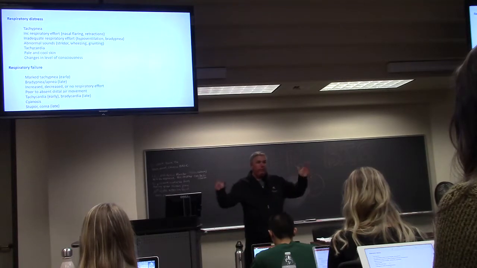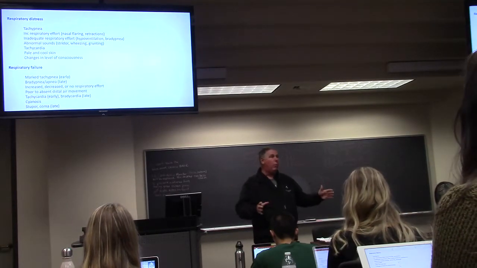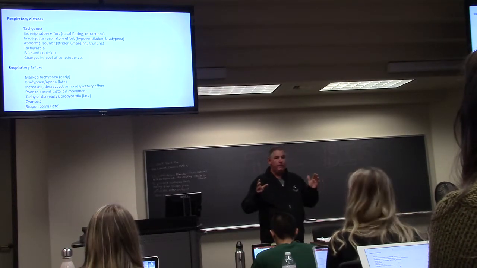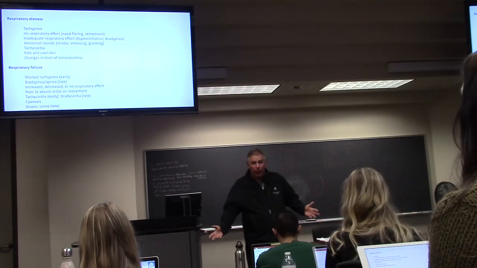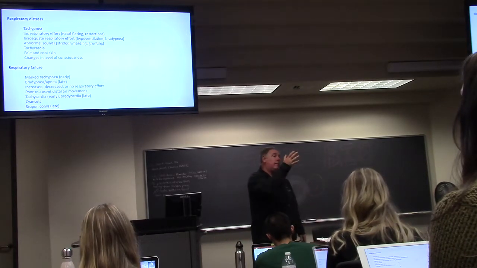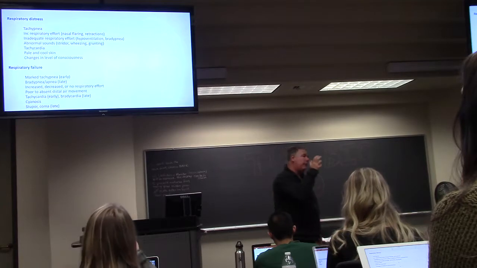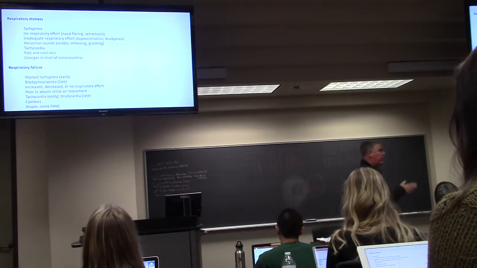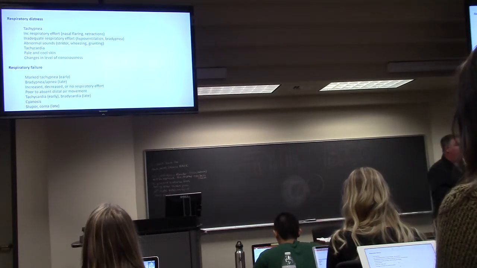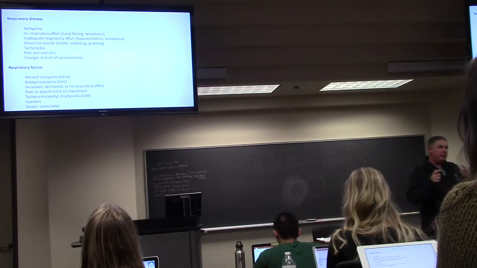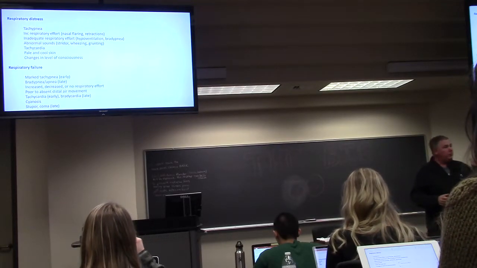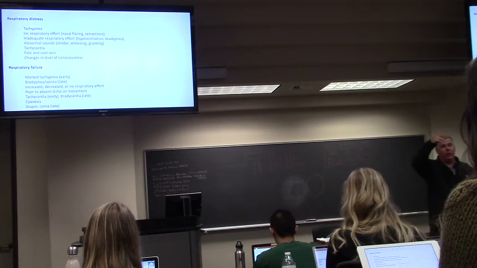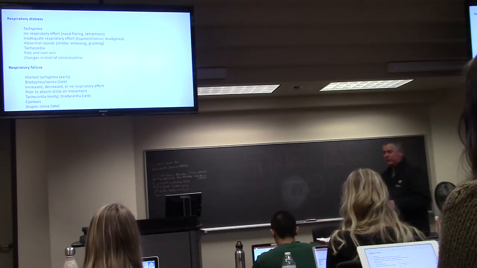Regardless of which one or more of the 4 of those is creating the problem, the kid is going to be either in respiratory distress or respiratory failure. And there's a difference between the 2. Respiratory distress, and it just lists all the different characteristics.